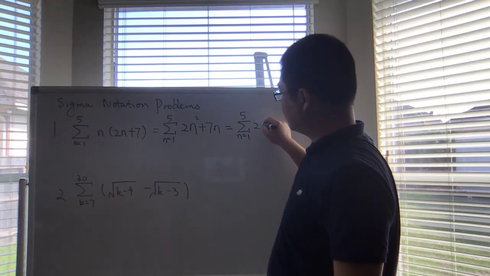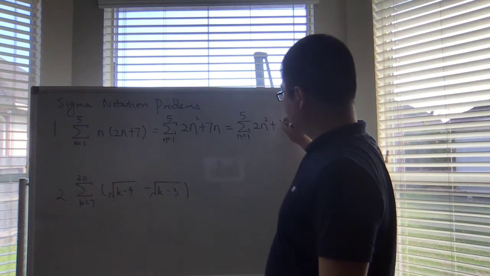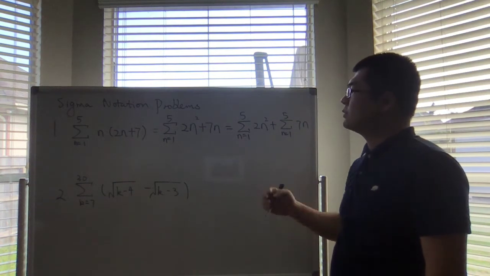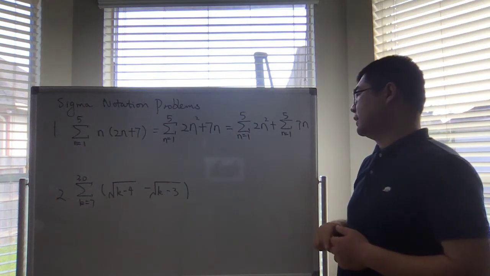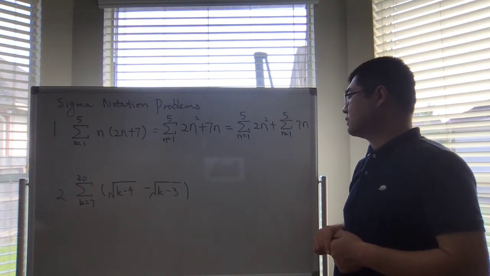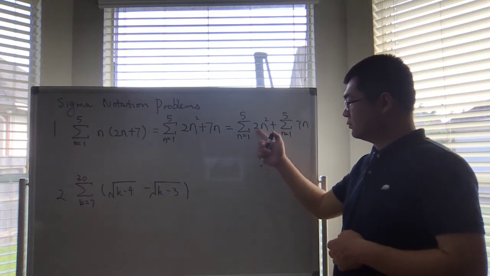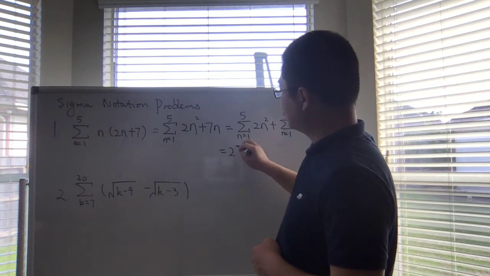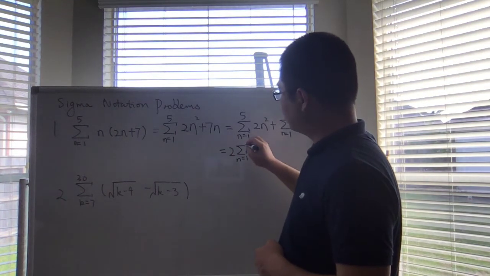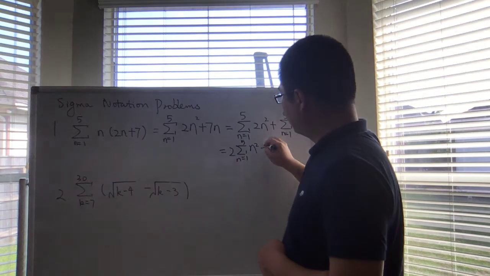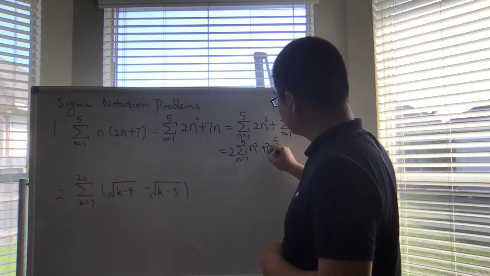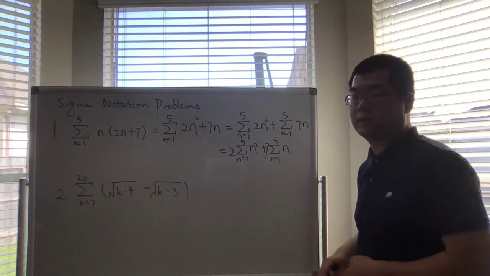We here have the summation of 2n squared plus the summation n from 1 to 5 of 7n also. So this is the sum law, and you can use a constant multiple law to bring those constants out. That's going to give you 2 times the sum of n squared plus 7 times the sum of n.